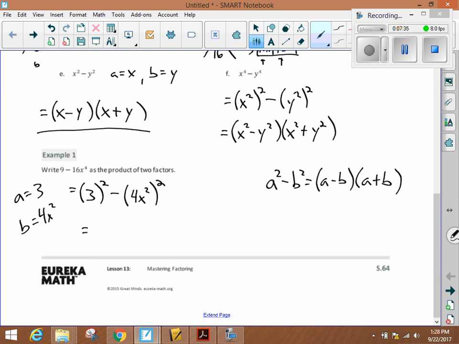And we can plug those into our formula. So we have 3 minus 4x squared times 3 plus 4x squared. And there it is. It's the product of two factors, right? This is one of my factors. And my other factor is that one. Super.